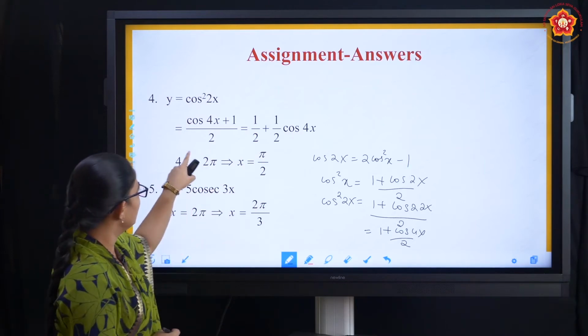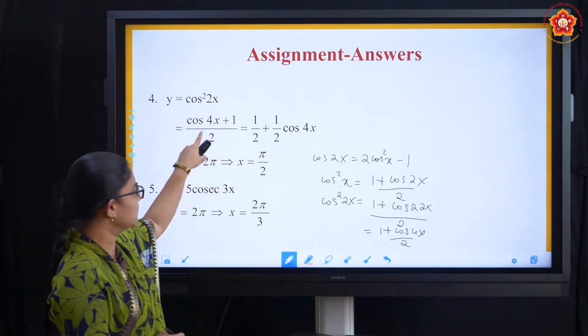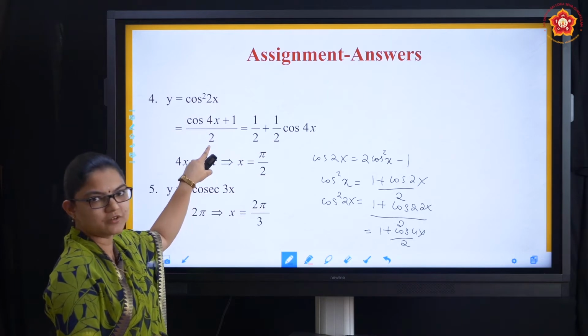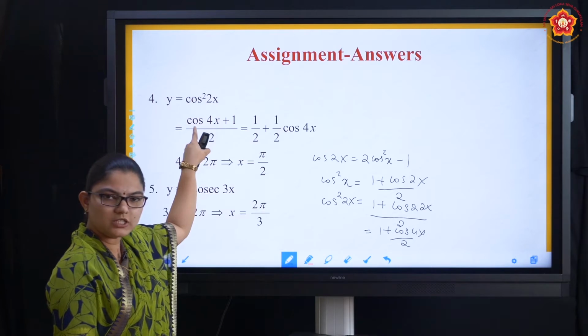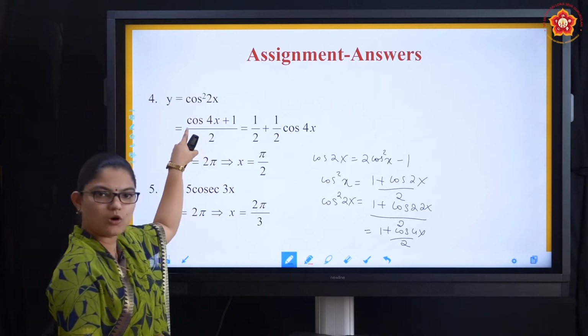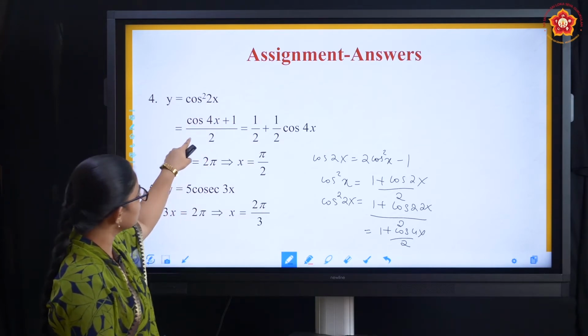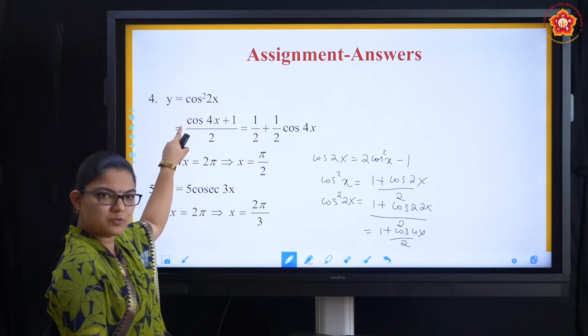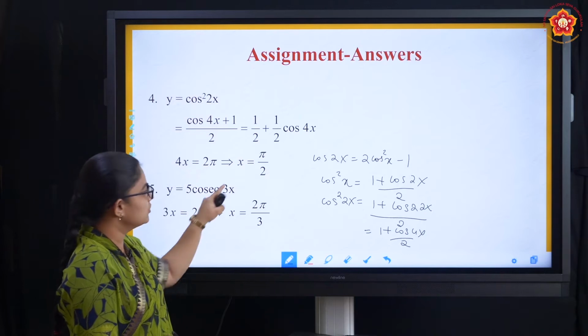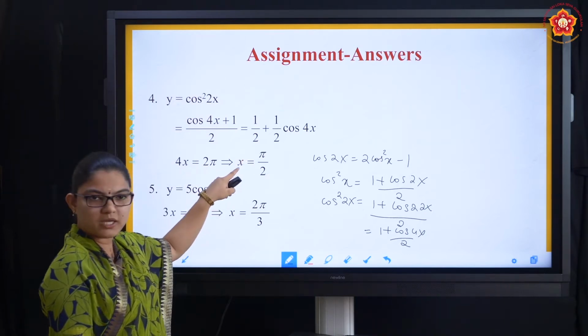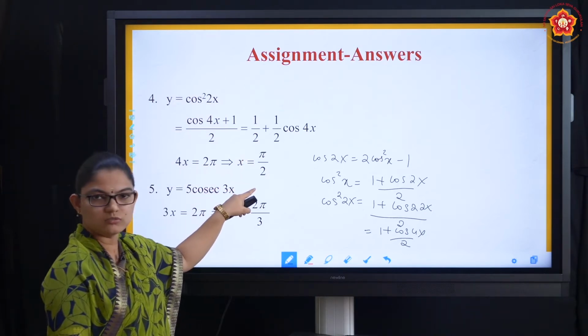Now we have 1 plus cos 4x by 2 as our function. The periodicity of this particular function is nothing but the periodicity of cos 4x. So the periodicity of cos is 2 pi by mod 4, that is 2 pi by 4, that is pi by 2.